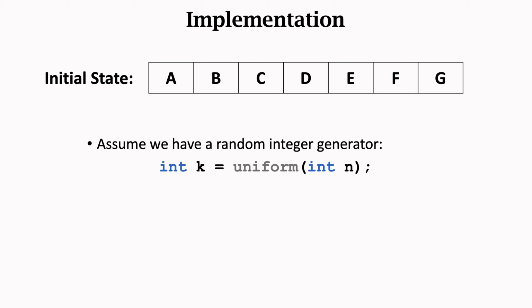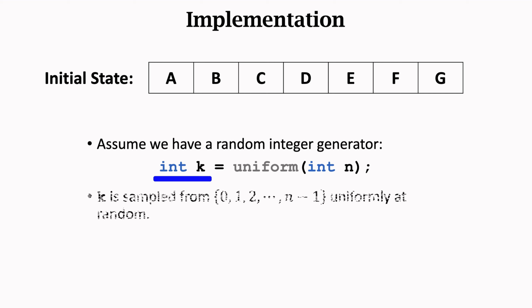I don't want to elaborate on the details of the generator. Simply suppose we have such a generator. Let uniform be the function name. The input is a positive integer, n. Let k be the output integer. k is uniformly sampled from the integer set between 0 and n-1.